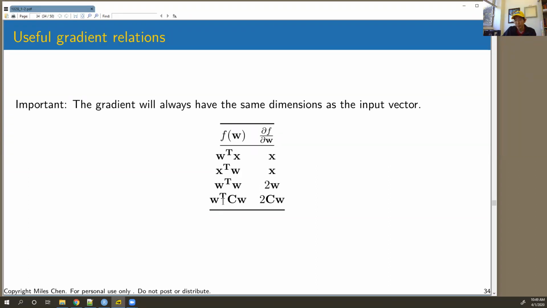And then W transpose times some matrix C, you've got some matrix C times W. Well, if W is n-by-1, so W transpose is 1-by-n, tell me, what is the dimension of this matrix C?